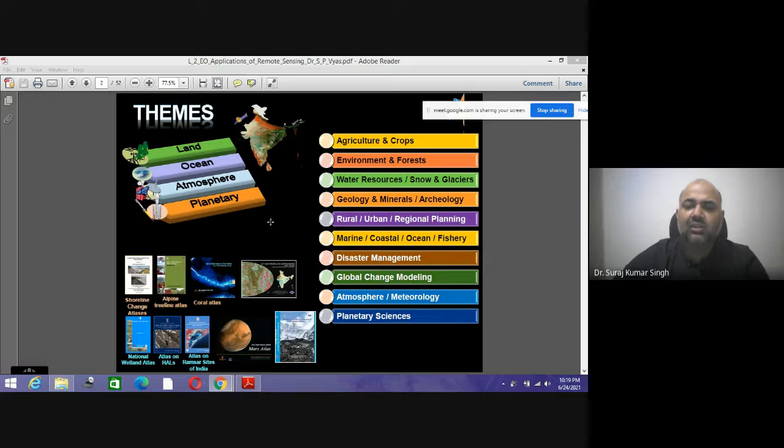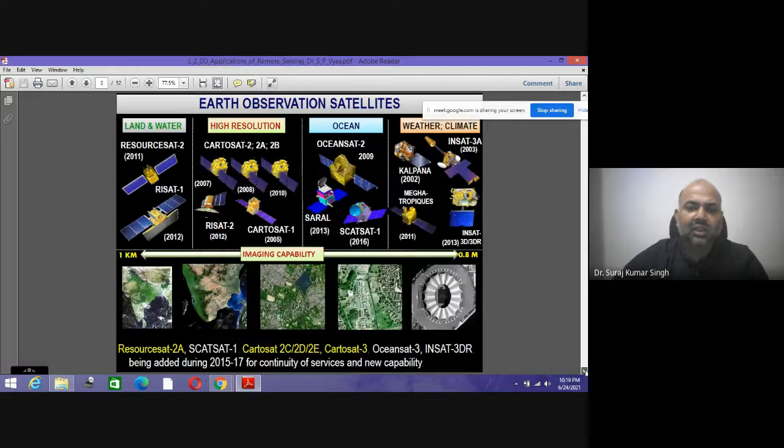So you can see that all the atlases which are of prime concern to any of the departments are being prepared using geoinformatics. Now we'll be seeing the various satellites and how they are used as Earth observation satellites.